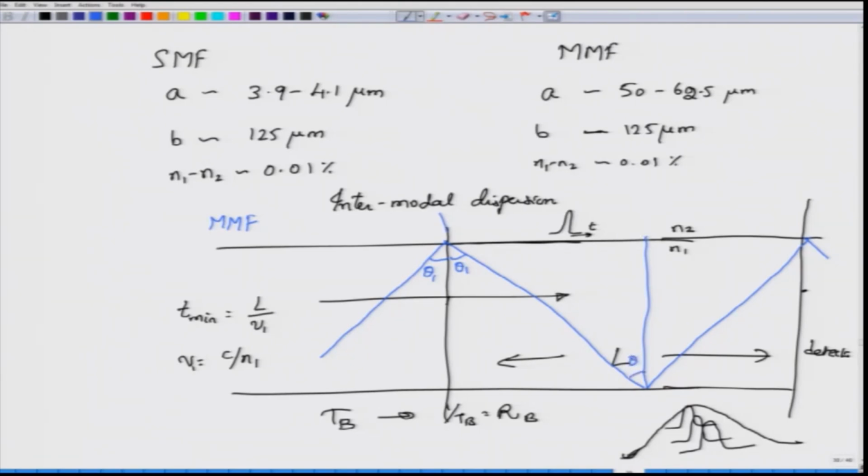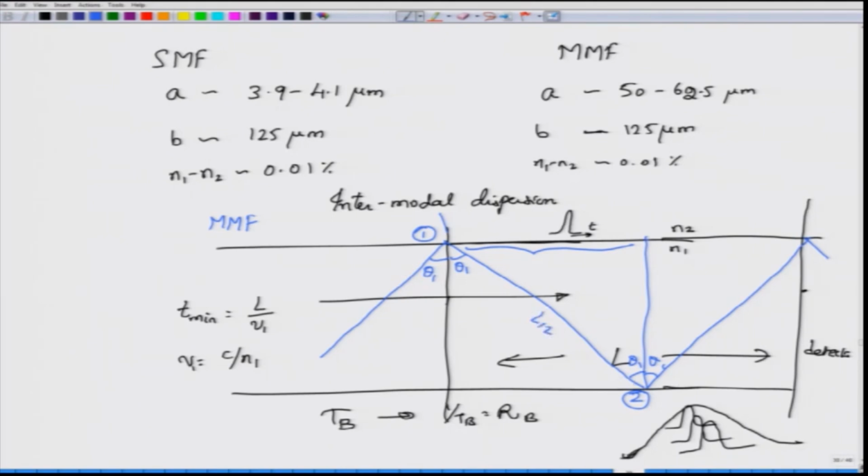This is theta 1 again, and the length over which it has actually propagated is given in terms of this hypotenuse. If I call these points 1 and 2, the length between points 1 and 2, which I will call L12, is this one.